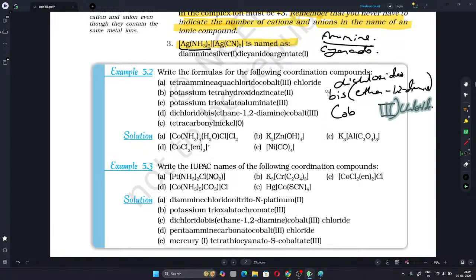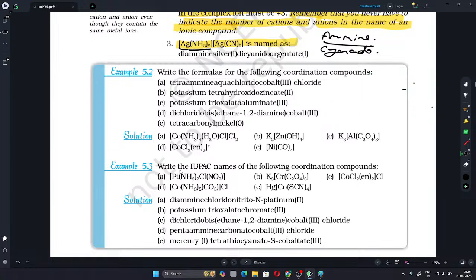Now next, this compound. Here it is a cationic complex, so the name should be pentaamine carbonato cobalt(III) chloride.